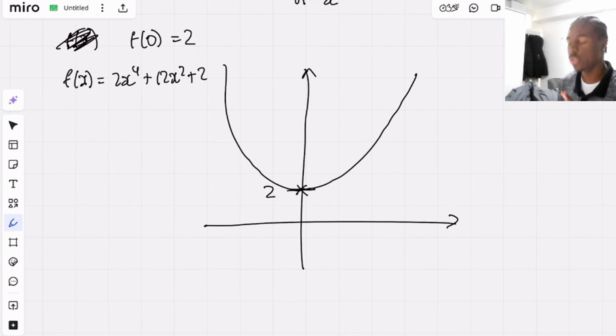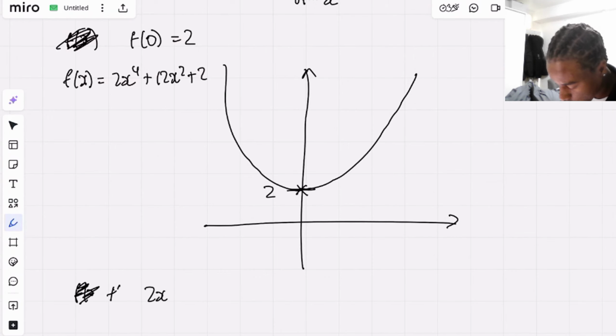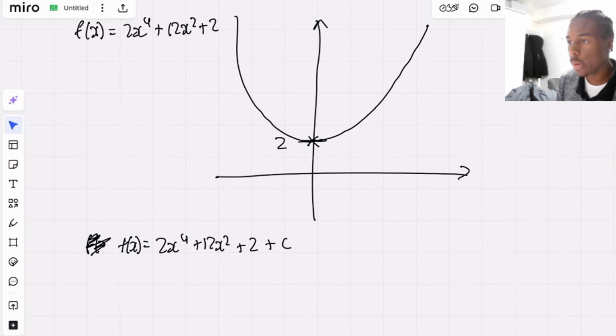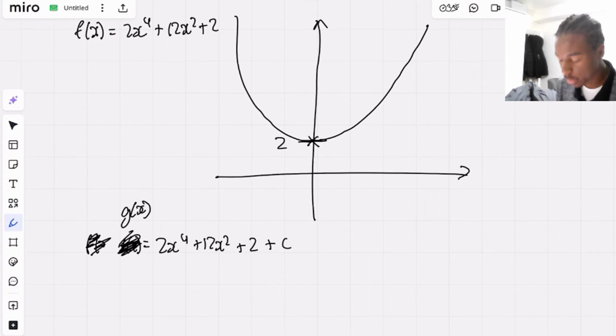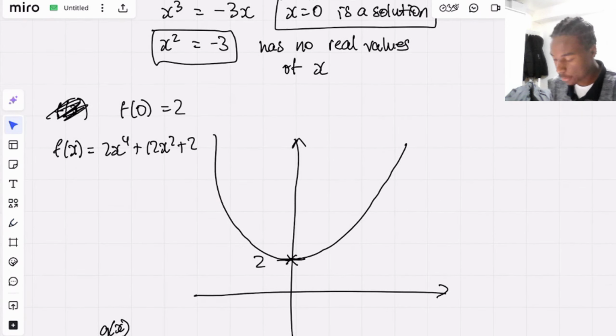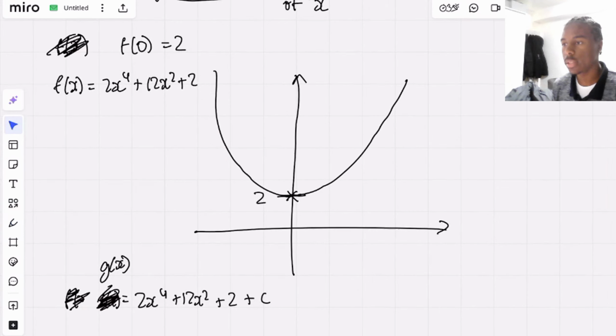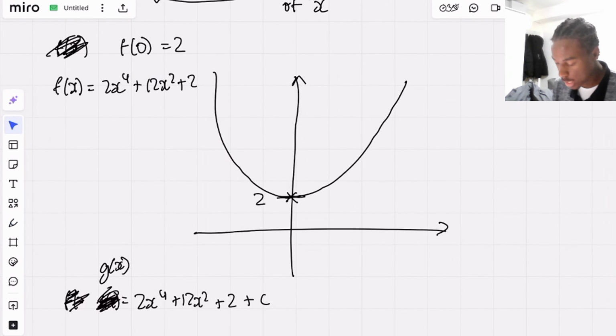Now we're going to introduce c. So if we have f of x equals this, now we're going to consider, let's call this g of x. If c is equal to 0, we have what we've drawn here.